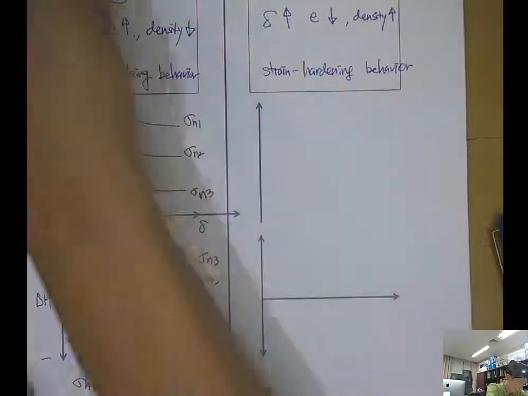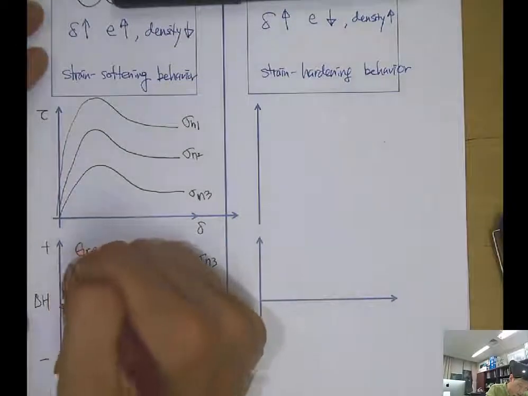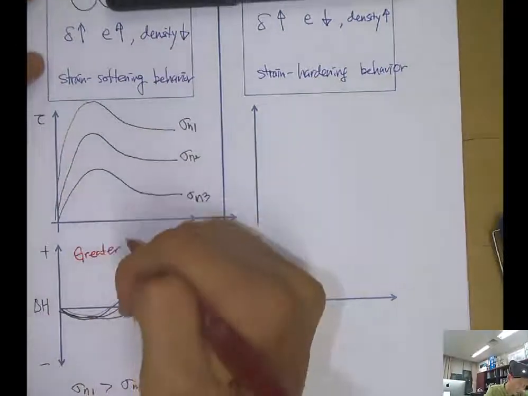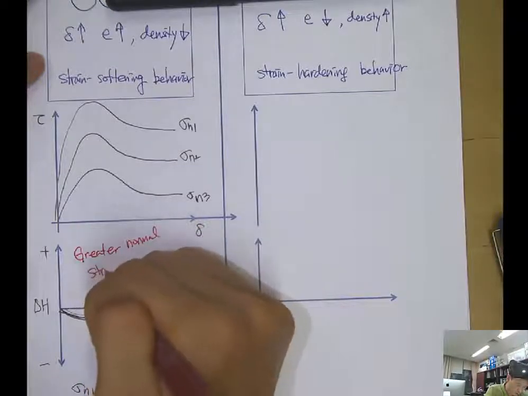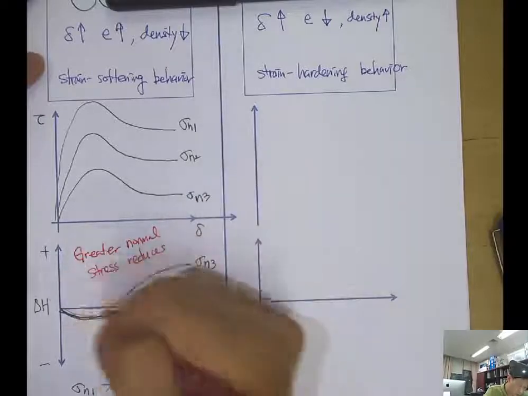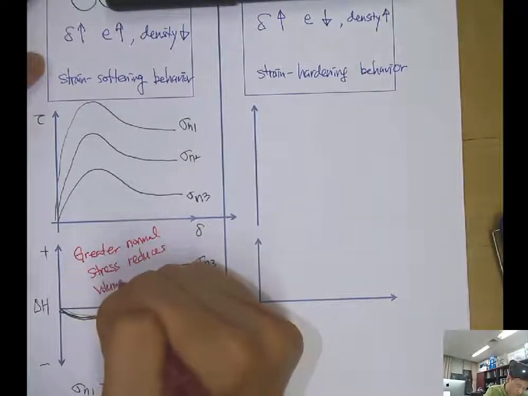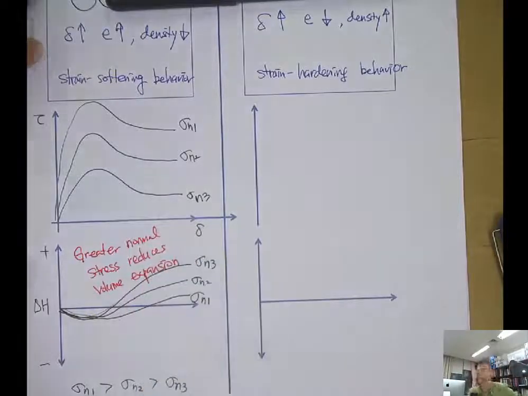So greater normal stress reduces volume expansion, or volume dilation.